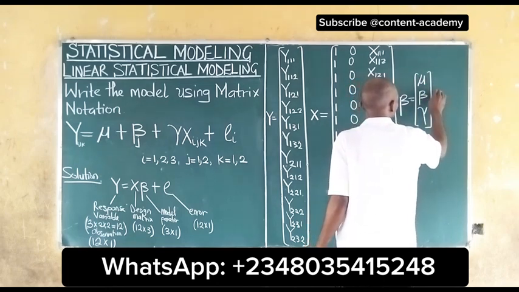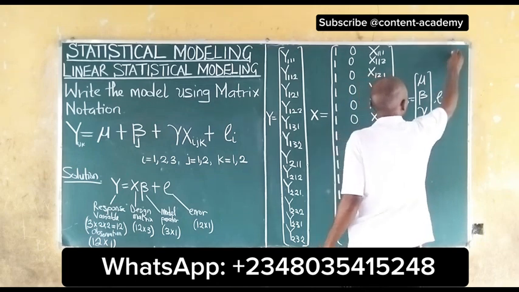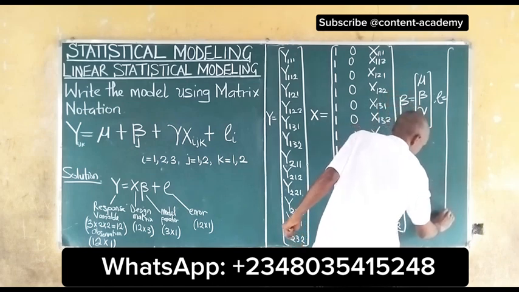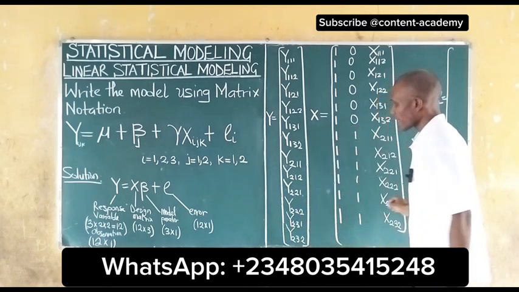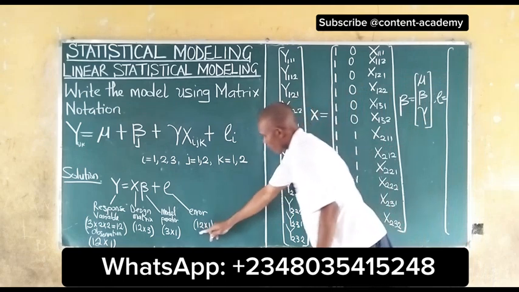And the next one we have here is our error term. Our error term we said is a 12 by 1 matrix.